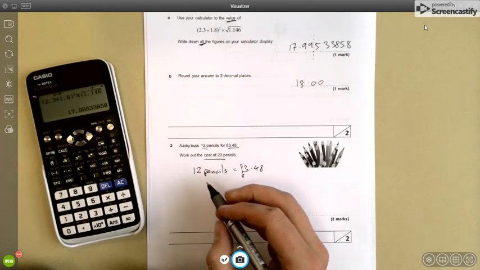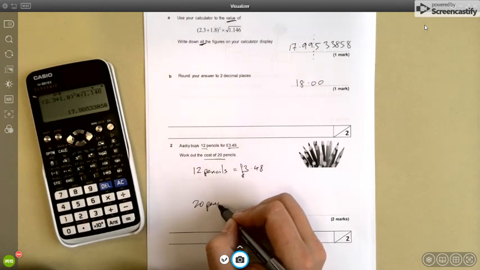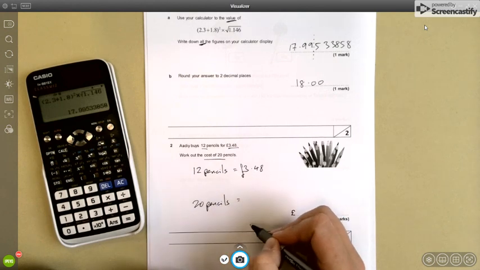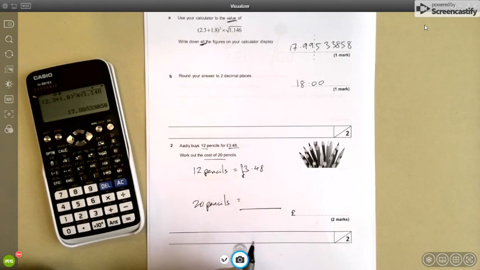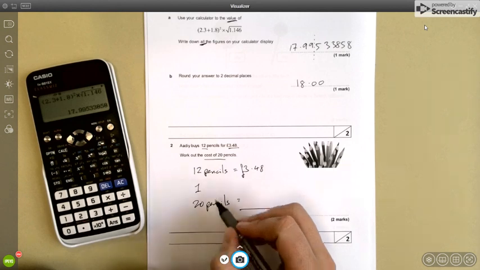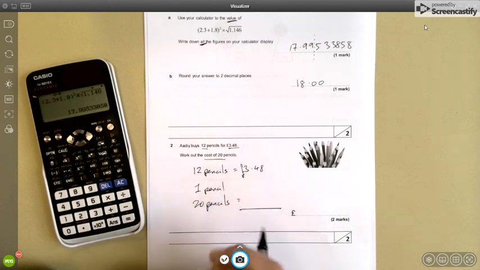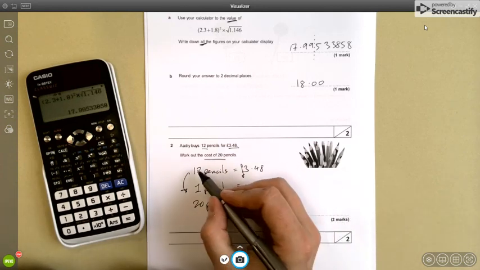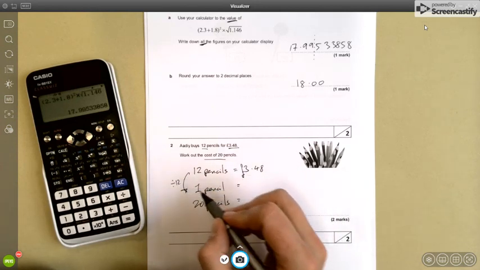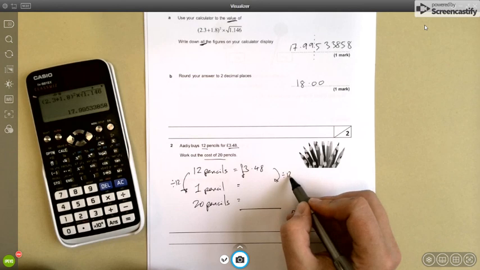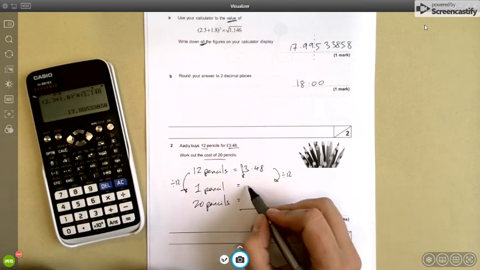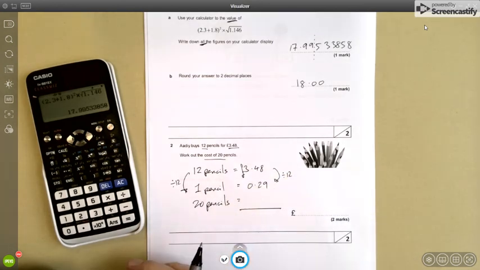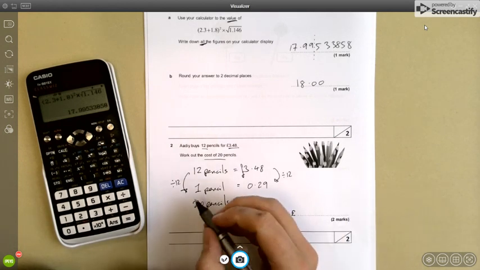Well, we want 20 pencils. Let's have a think. We probably want to work out what one pencil costs. So to get from 12 to 1, let's divide by 12 here. Let's do the same here, they're in proportion. We're going to get 29p or £0.29 to get the price of one pencil.